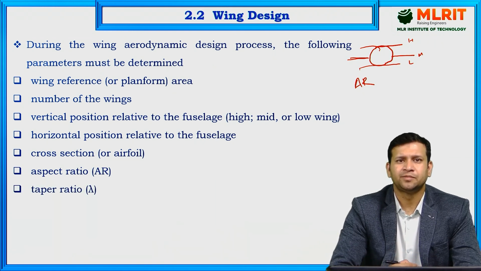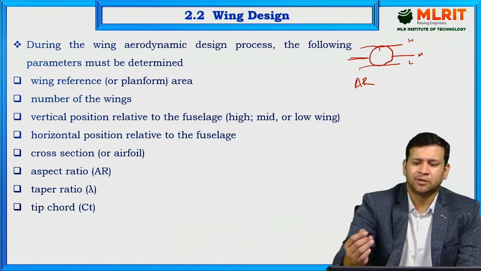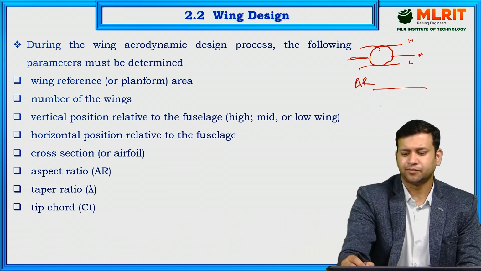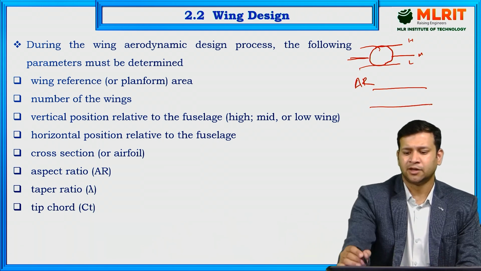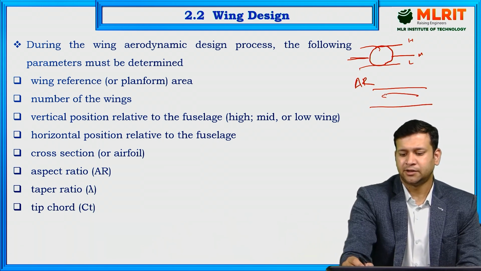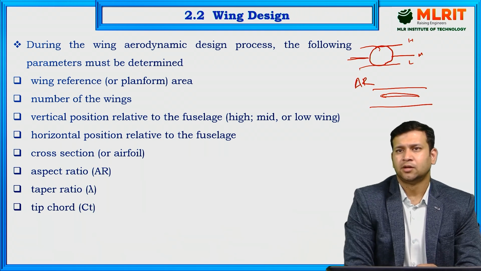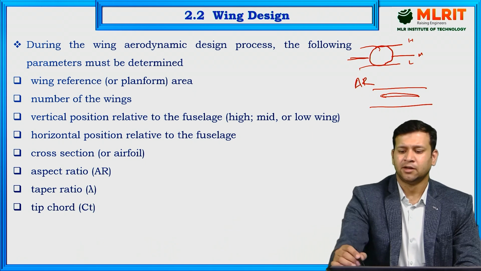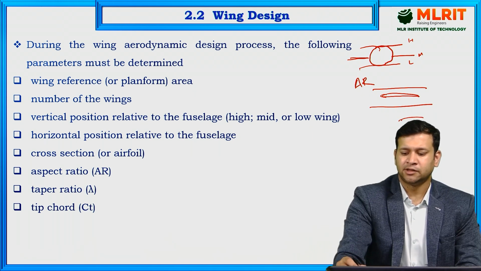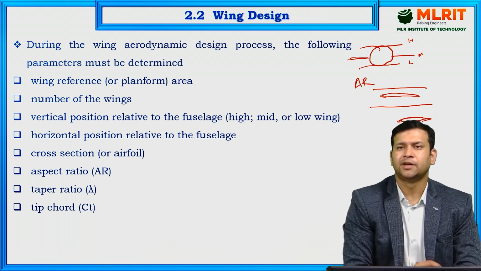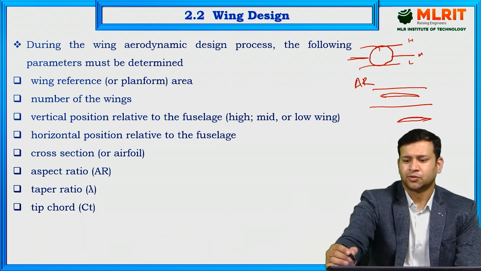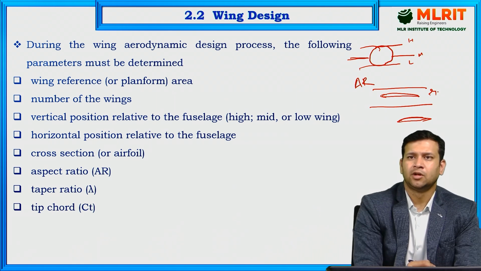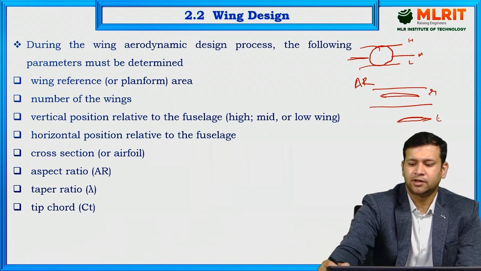Taper ratio, tip chord. If this is the fuselage, we will have a different airfoil section at the fuselage where it is starting, and then at the tip we will have a different airfoil configuration. So this is root and this is tip.